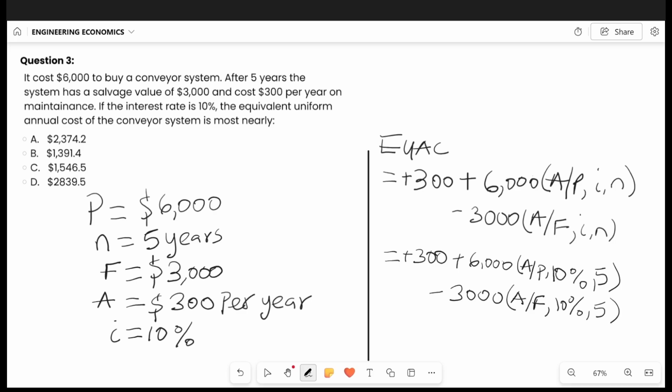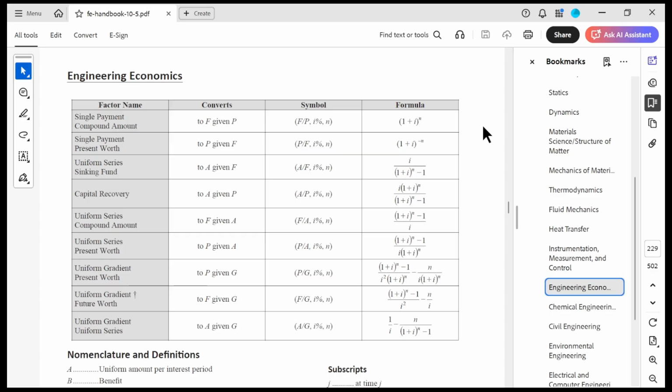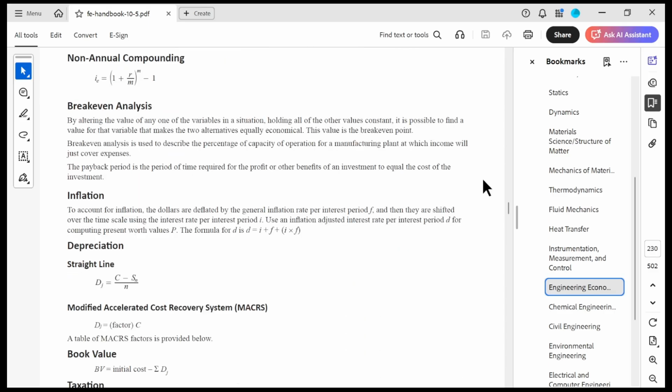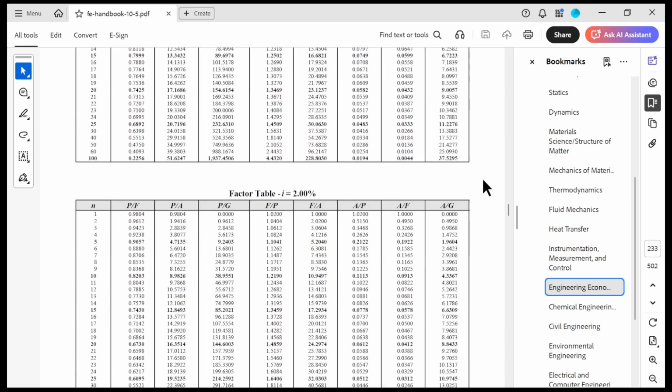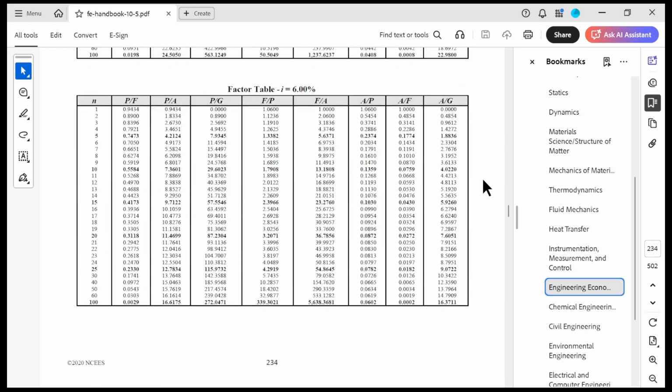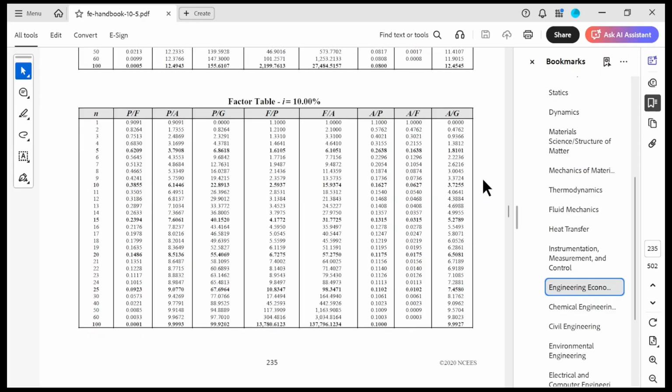Now, we are going to go over to the manual and scroll down to the interest rate factor table. We are looking for the 10% interest rate. That's this one right here. So we're looking for A/P, and we're looking for 5 years.